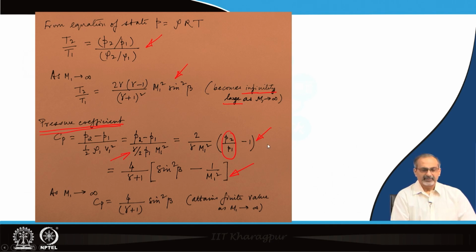At this point, if you limit it to a situation of M1 tending to infinity, then this term would become extremely small and therefore would drop out, and Cp will become 4 by gamma plus 1 into sine square beta, which of course attains a finite value as M1 tends to infinity.